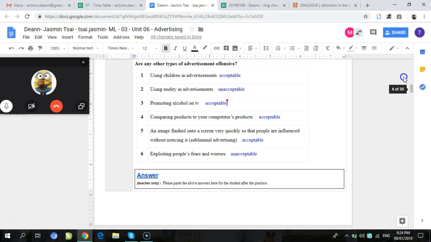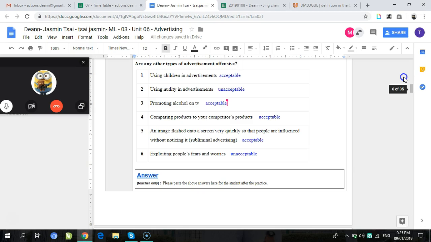Right? But it depends. If it is an informative advertisement, I don't have anything else to add. I think that would be acceptable, like number 3, if it is something that would tell them to avoid alcohol when driving, like no drunk driving.